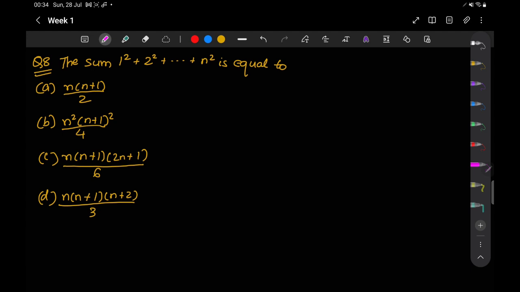Option A is n into n plus 1 by 2. Option B is n squared into n plus 1 squared by 4. Option C, n into n plus 1 into 2n plus 1 over 6. Or option D, n into n plus 1 into n plus 2 over 3. So take a few minutes to select.